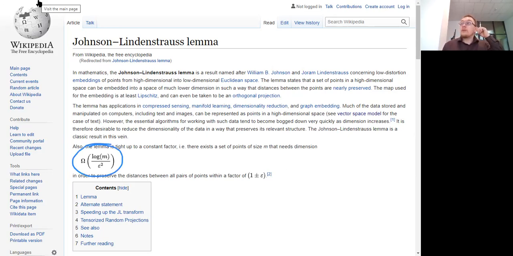Yeah, so we can find such an approximation with linear projections that will preserve Euclidean distance between pairs of points. Here epsilon means the size of the error, and it stands in the denominator.